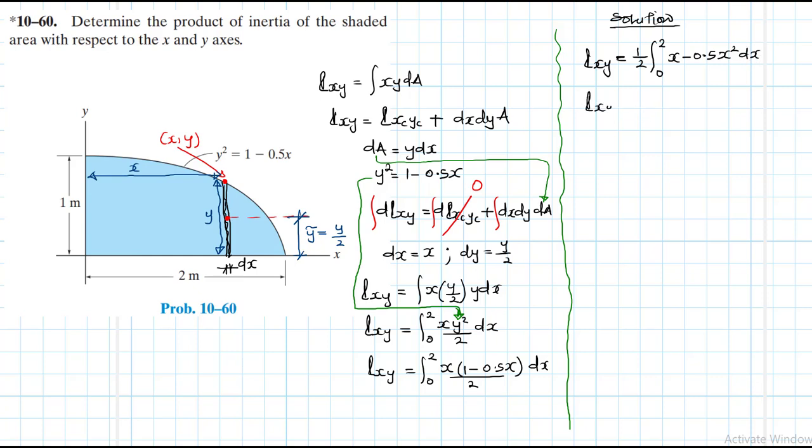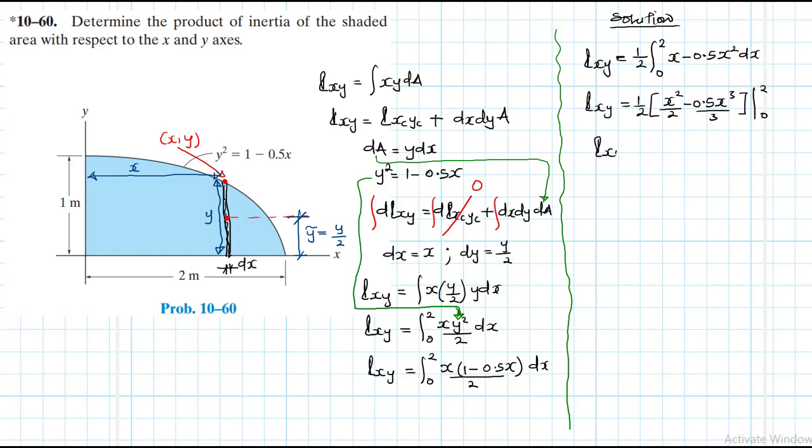Integrating that, then we have a half times x squared divided by 2 minus 0.5 x to the power 3 divided by 3. Okay, right? Then we are evaluating this from 0 to 2.